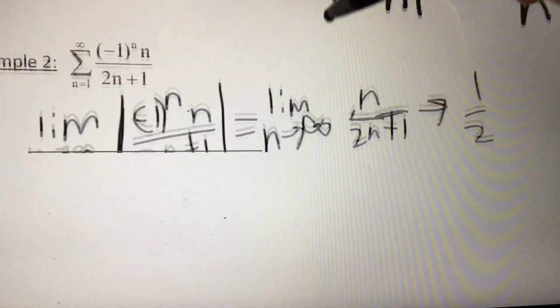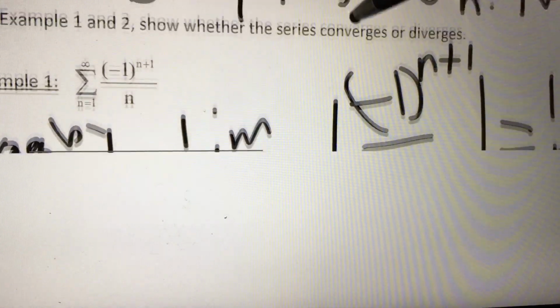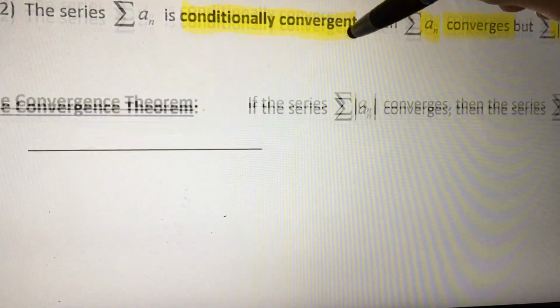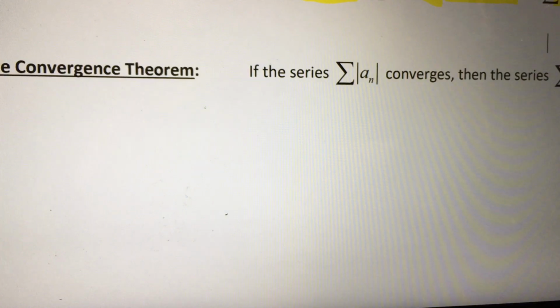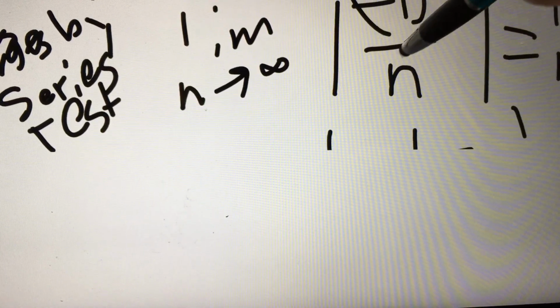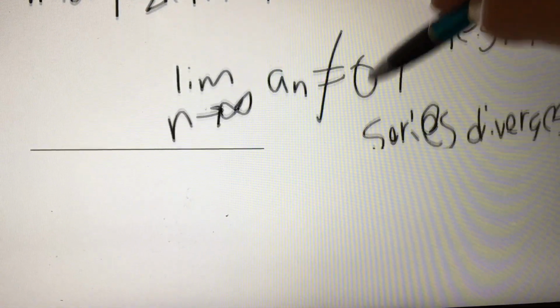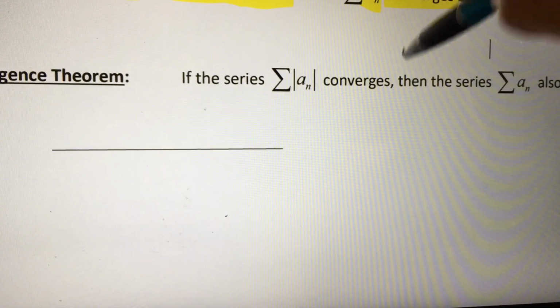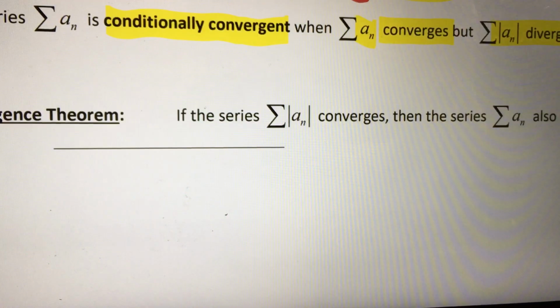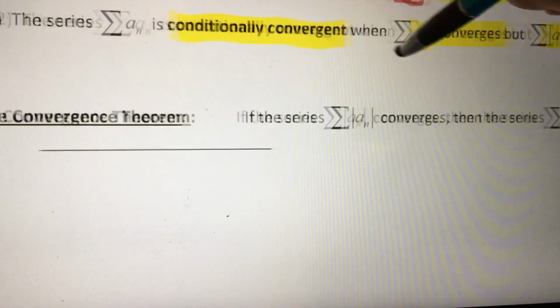But if we were to put this in absolute value, take the absolute value and do a different test, if we take the limit of it, we would know it converges absolutely.